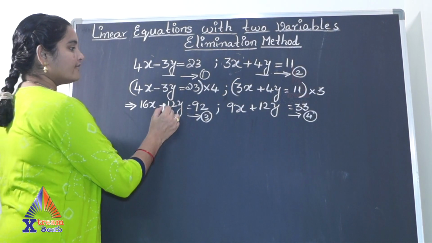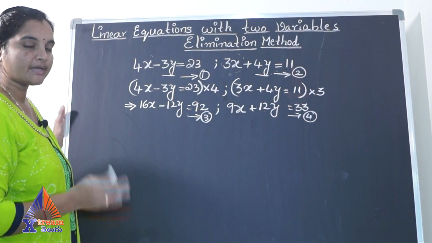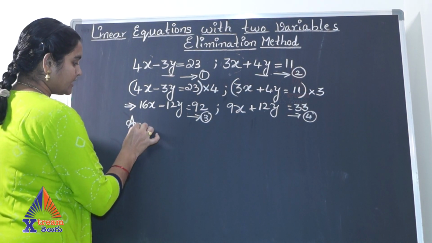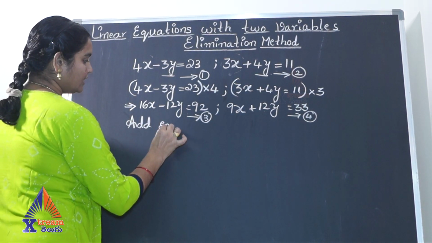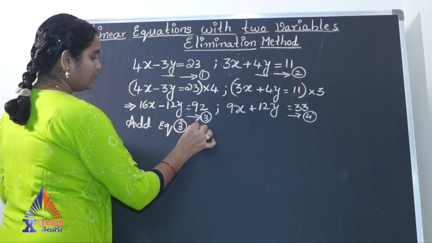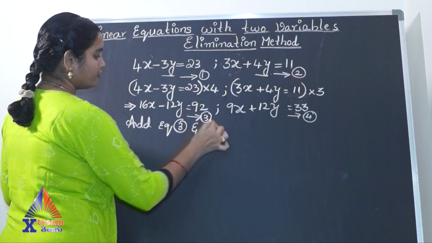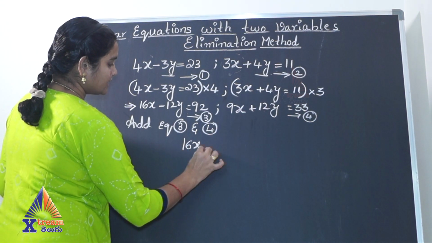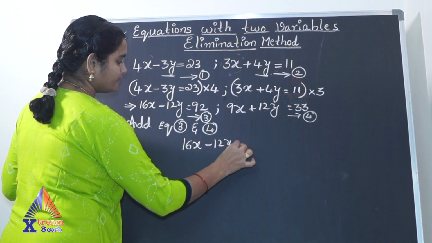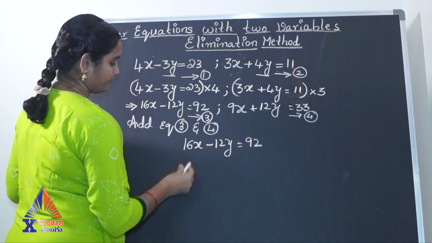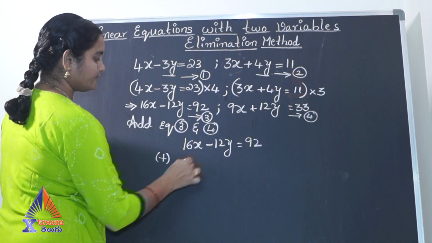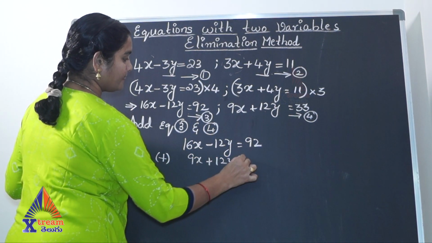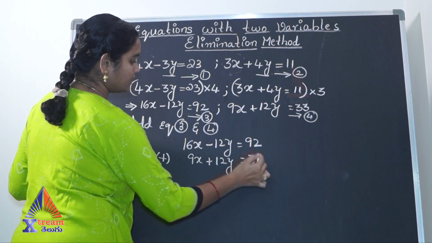As already we have a positive and negative term, no need to subtract these equations. We will add these equations. So I'll write: add equation 3 and 4. So 16x minus 12y is equal to 92 plus 9x plus 12y is equal to 33.